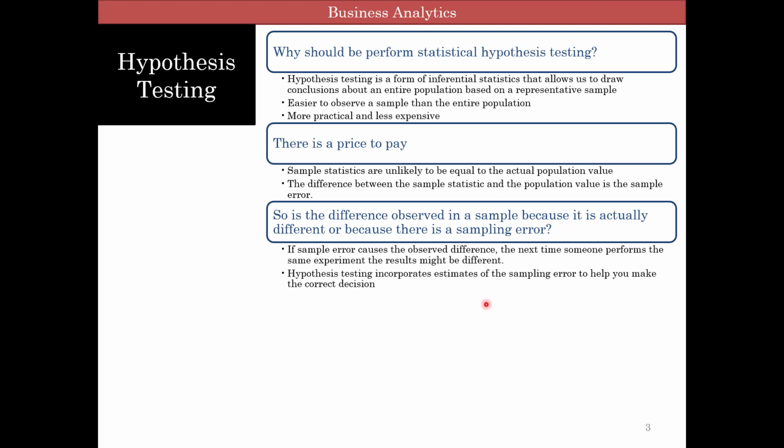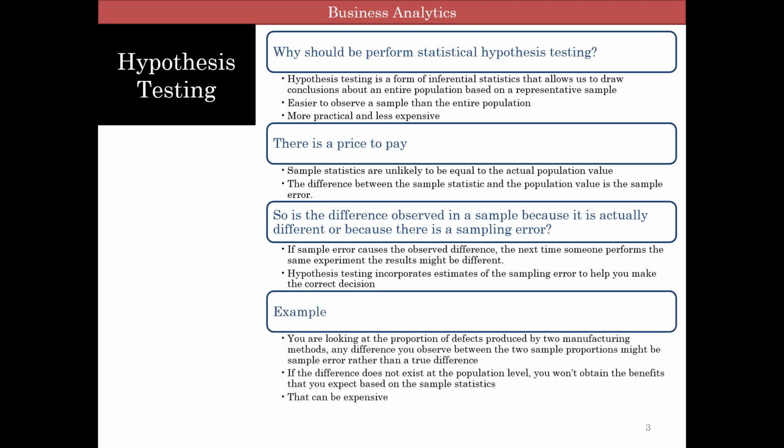And if the sampling error causes the observed differences, then the next time someone performs the same experiment, the results might be different because the sample is different. So hypothesis testing incorporates estimates of sampling error to help you make the correct decision. So let's take an example. You're looking at the proportion of defects produced by two manufacturing methods.